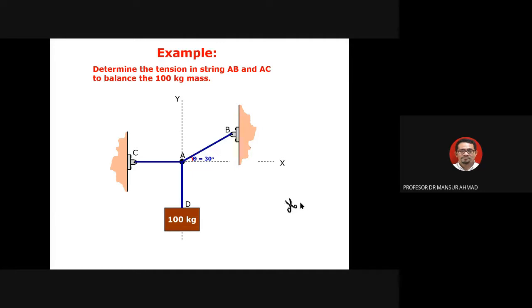So I'm going to introduce to you what is meant by free body diagram. So I'm going to make a cut. This is free body diagram. If you can concentrate on this scissor here, gunting ni, I'm going to start cutting now. Concentrate pada gunting tu.